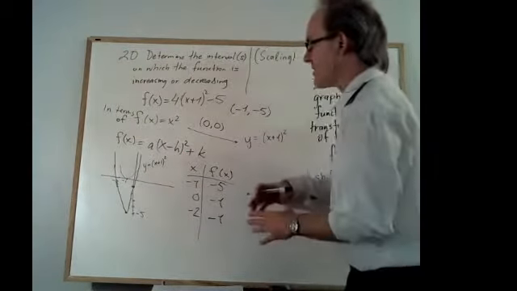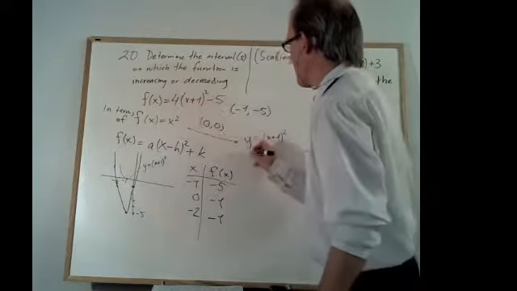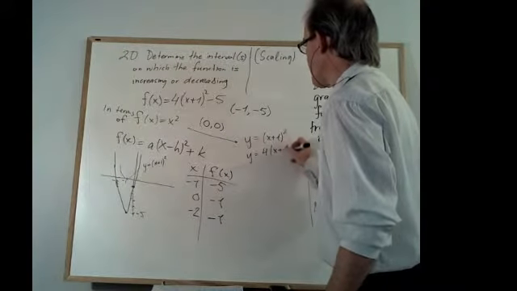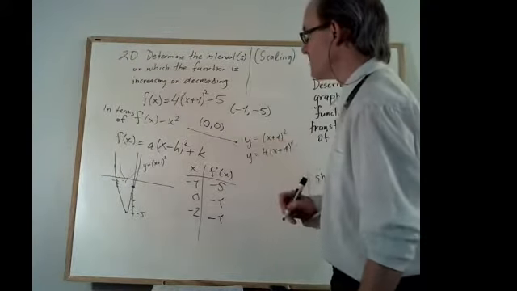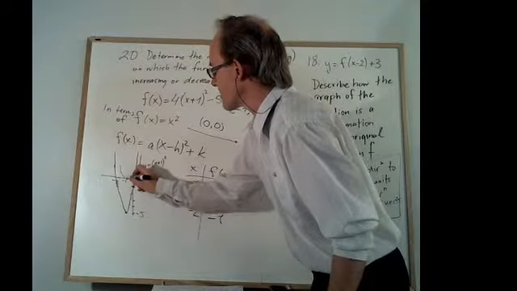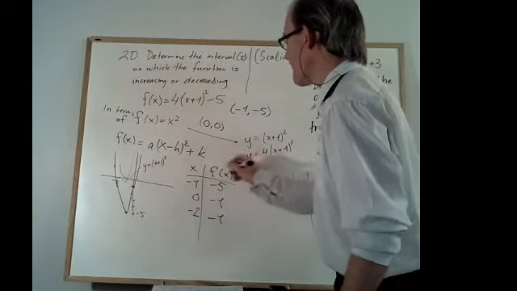All right, then we want to do what? We want to stretch in the vertical direction by a factor of 4. That will stretch this up, make it sharper like this. Okay, so that's this function here.